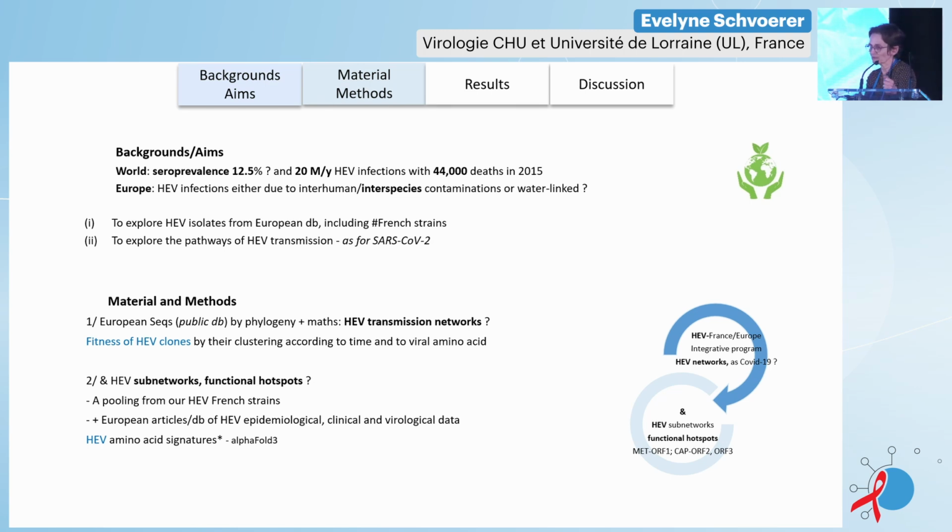And this first part is to evaluate the fitness of viral clones by their clustering according to time and to viral amino acid composition. And for the second part of our work, we are working on subnetworks.